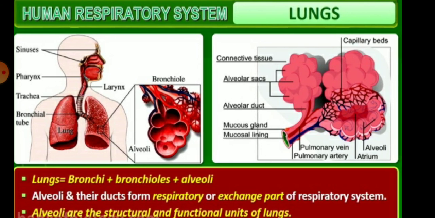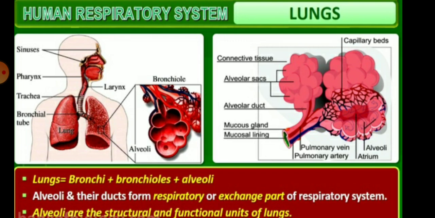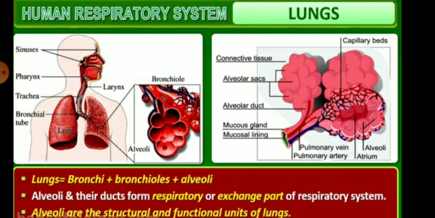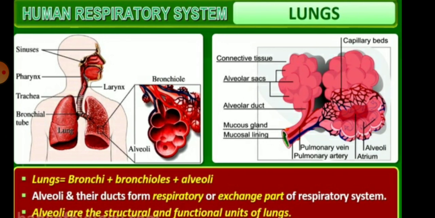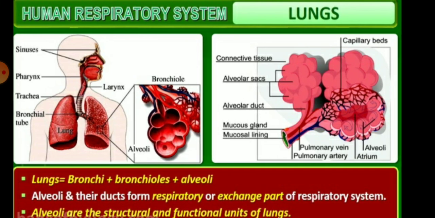The blood brings the carbon dioxide from the rest of the body to be released into the alveoli, and the oxygen in the alveolar air is taken up by the blood in the alveolar vessels to be transported to all the cells in the body.